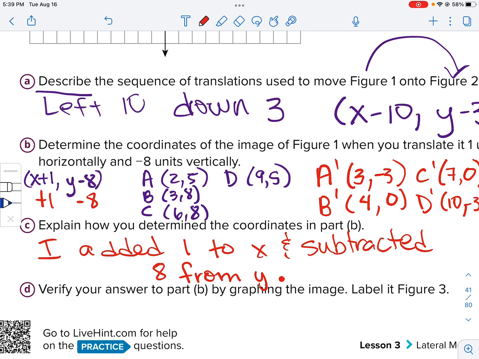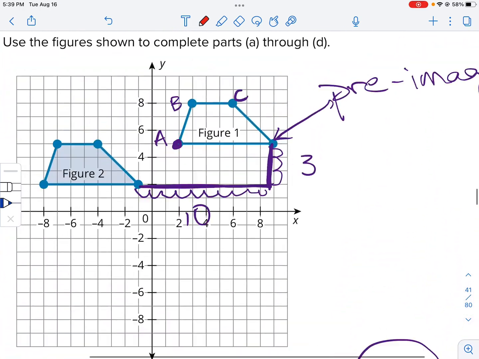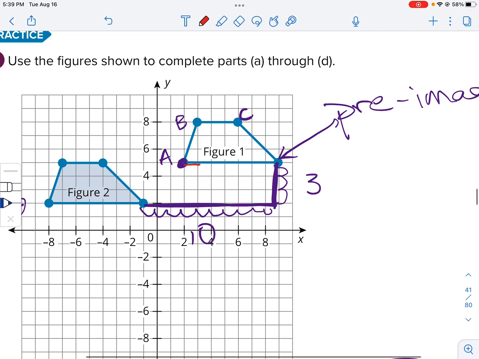I'm going to graph the image. So I go over 1 and down 8. So I go over 1, I go down 8. 1, 2, 3, 4, 5, 6, 7, 8. Get me A prime.